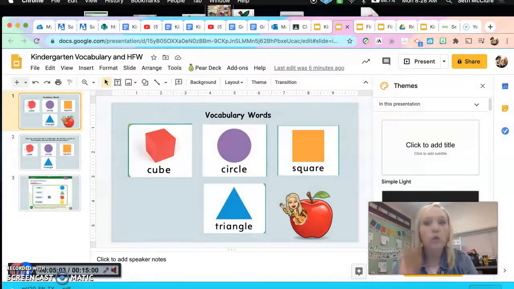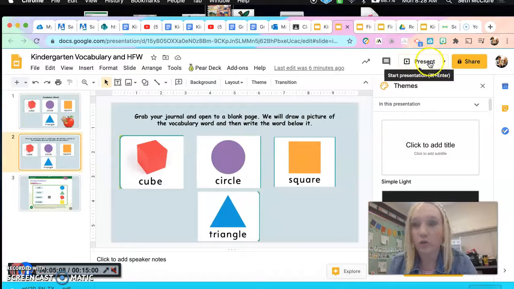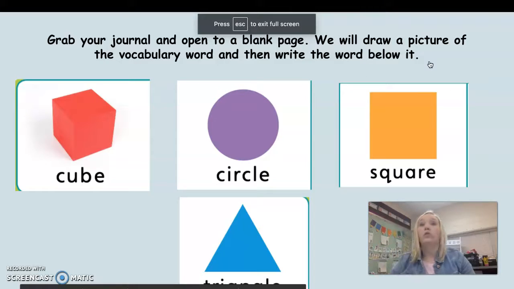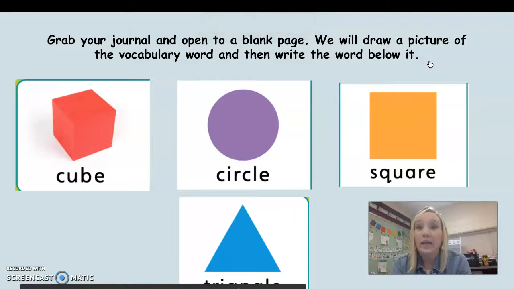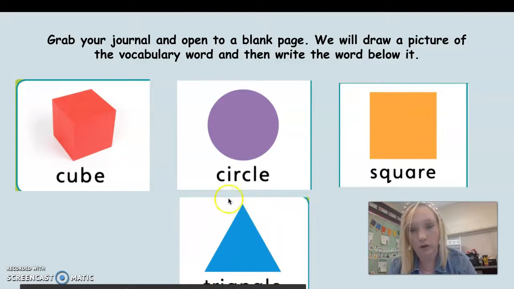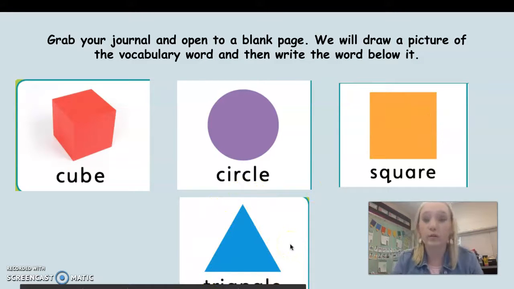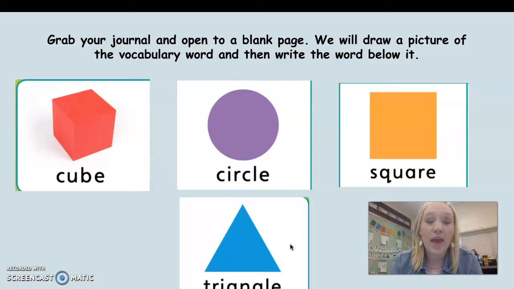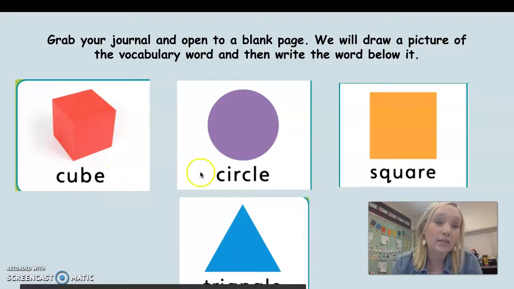Awesome. So now what you are going to do is you are going to get your journals out and open to a blank page, and we are going to draw a picture of our vocabulary words. You're going to draw a picture of the vocabulary words that we just talked about, and then you are going to write the words underneath your picture.